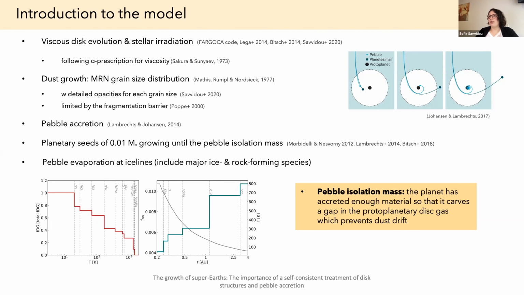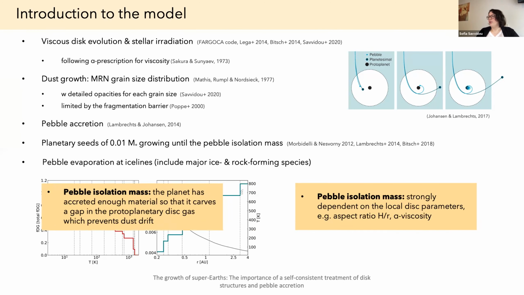We also include pebble evaporation at the ice lines, and we include all the major ice and rock forming species. You can see here how we lose some of the material, shown by the dust-to-gas ratio, each time we move across an ice line and lose one element.